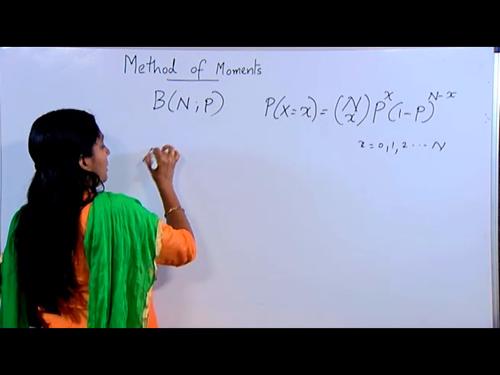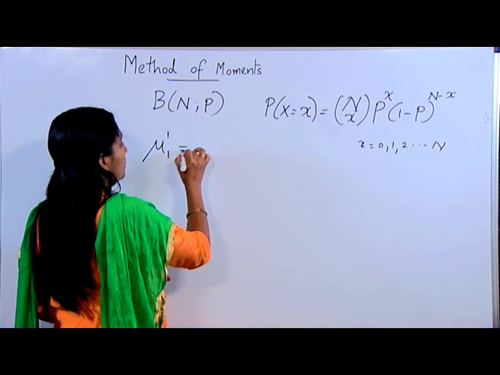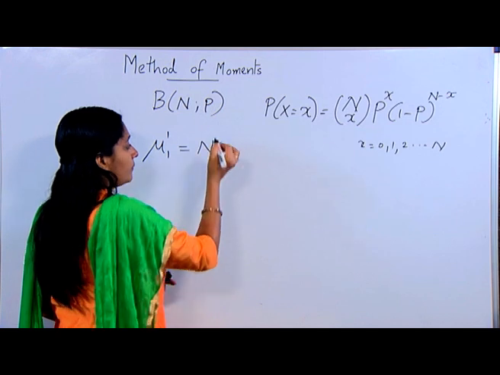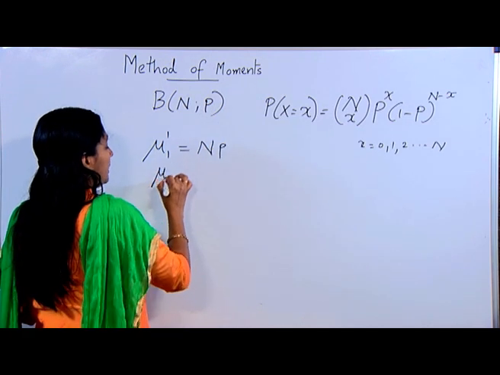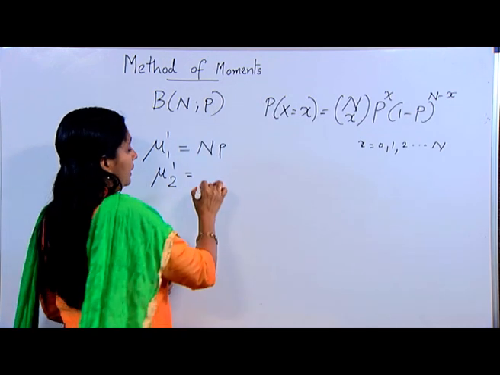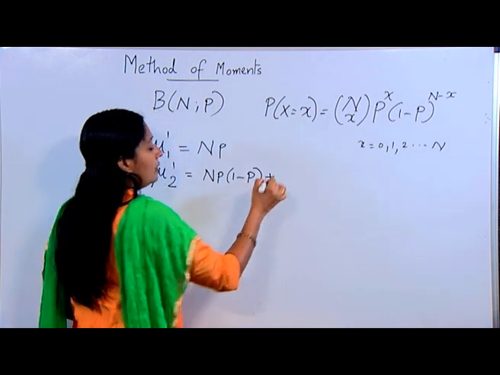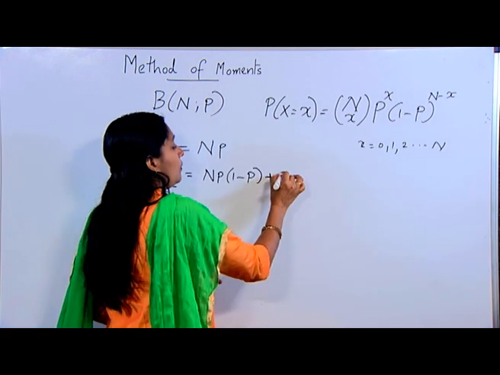The first order population moment, expectation of x or mu 1 dash, is equal to Np. The second order population moment mu 2 dash is equal to Np(1 - p) + N^2 p^2.